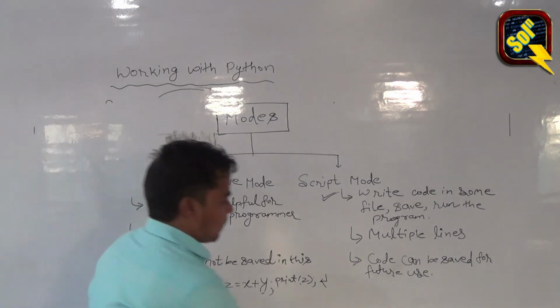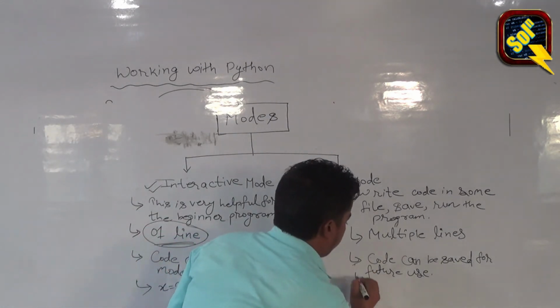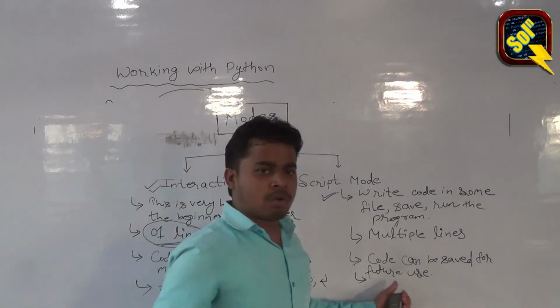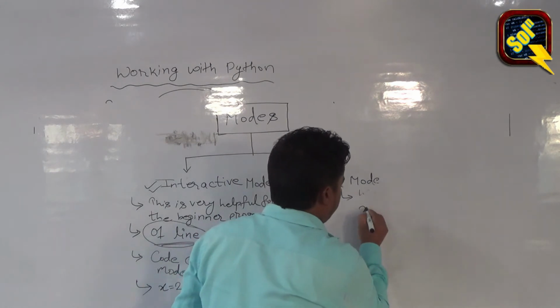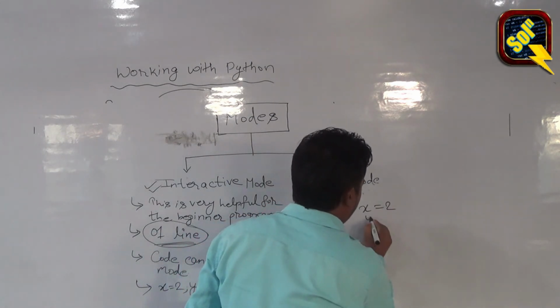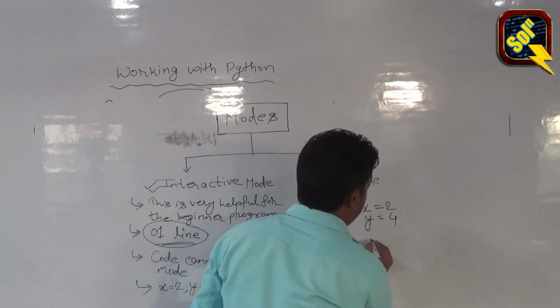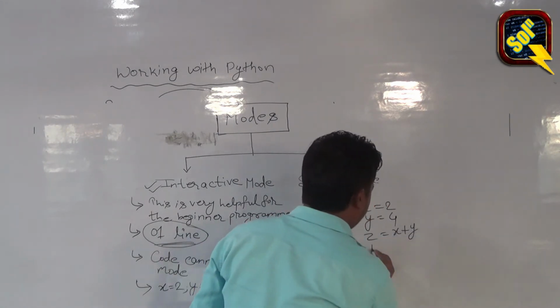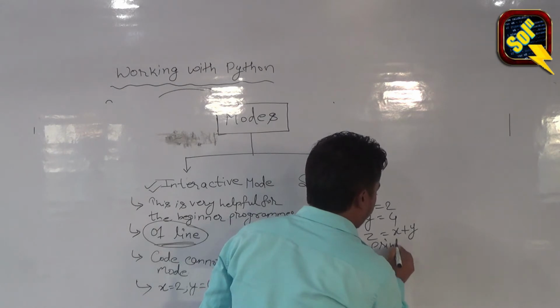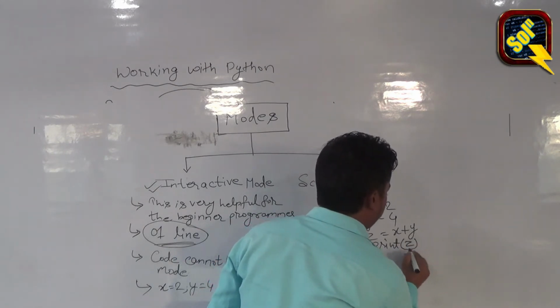But in script mode, you can write the code in multiple lines like this. You have written x equal to 2, y equal to 4, z equal to x plus y, and finally print z.